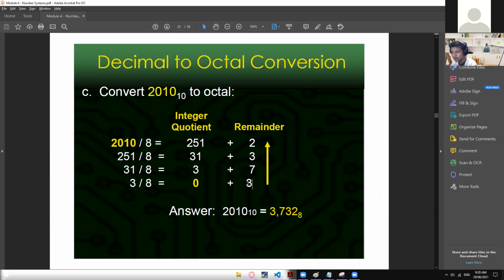Are we clear on how we got the result of 3732 base 8? Okay, so 3 out of 17, 4 out of 17, 5, 6, 7.